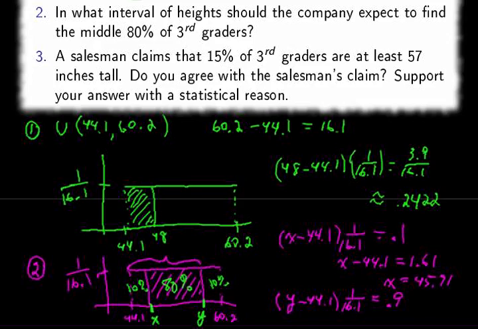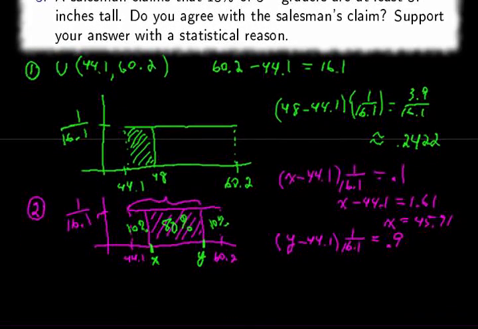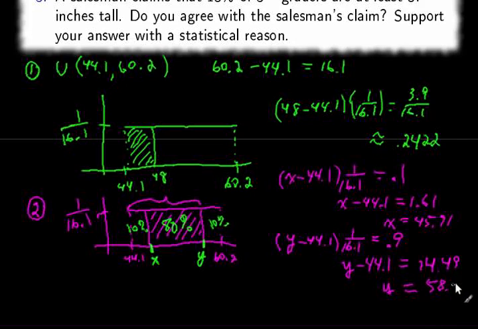Okay, and if we again solve this equation for y, then we have y minus 44.1 equals 0.9 times 16.1. That's going to be 14.49. And now we add 44.1 to both sides, and we end up with y equal to 58.59.